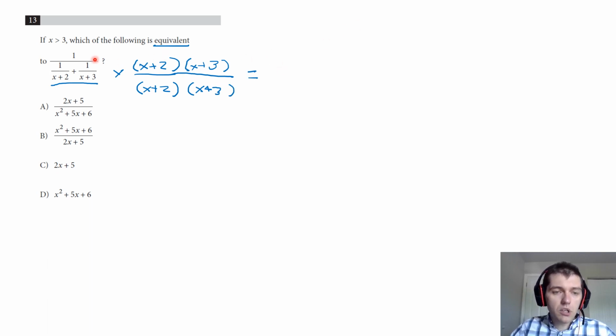And so all you have to do is multiply that out. The numerator here is pretty easy because you're multiplying by 1, so basically this stays the same. You're left with x plus 2 times x plus 3. In the denominator, you have to multiply this entire expression by each of these terms individually.